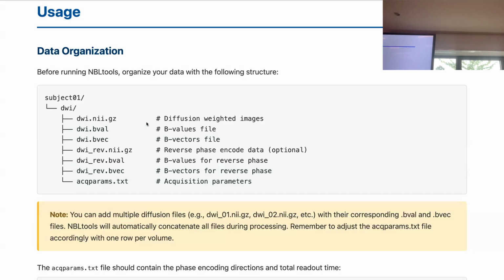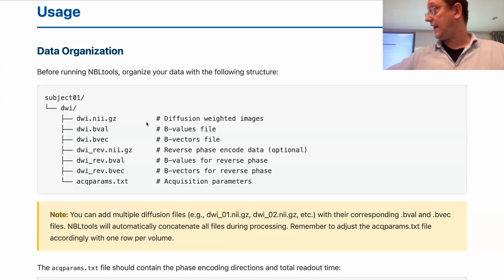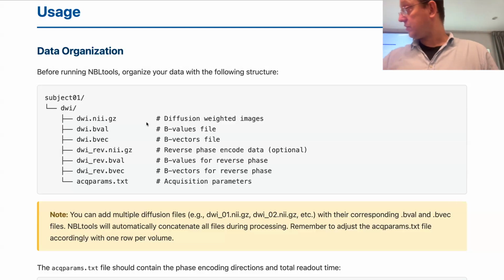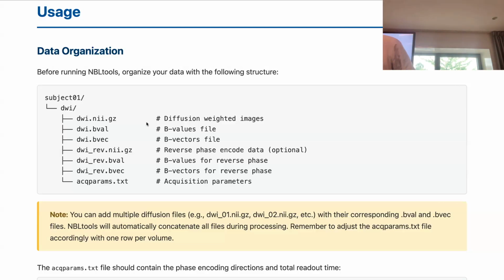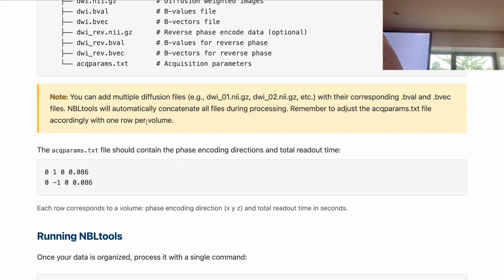At the end, you need to put this kind of acquisition parameters. This is actually from the FSL website, which tells the software essentially the phase encoding for the different volumes, for different scans. So, for example, the first volume will be 0, 1, 0, say phase encoding is up, second is -1, means phase encoding down.